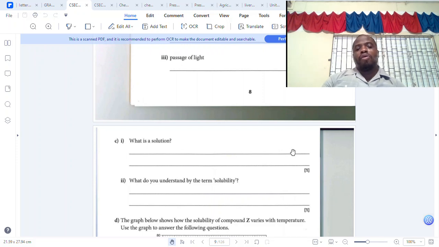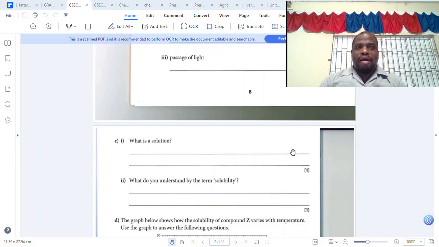Now when you think about the term solubility, it's the amount of solute that is able to dissolve in a solvent at a particular temperature. Now, temperature affects how solutes are capable of dissolving in the solvent.